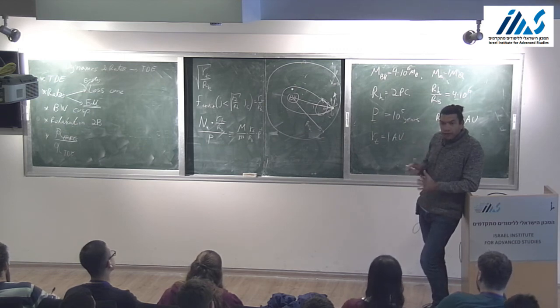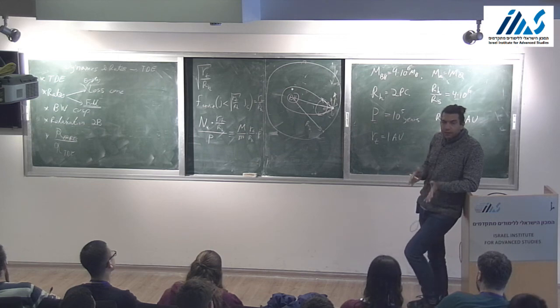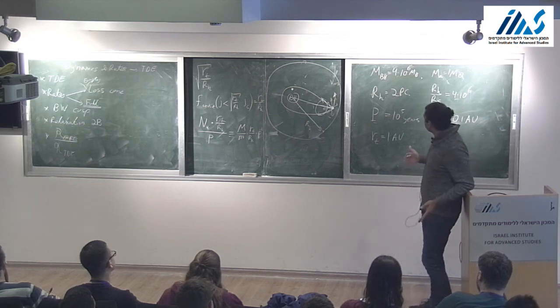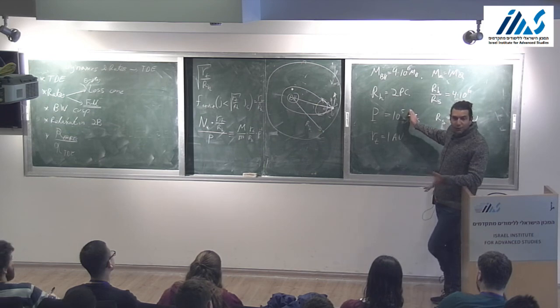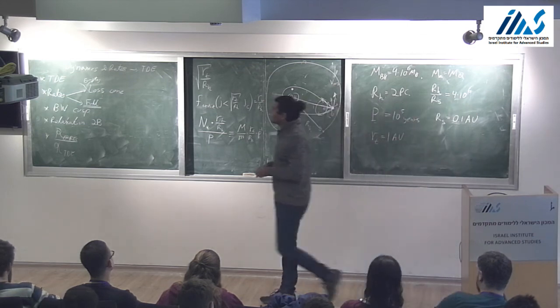Okay? And if there would be no interaction between the stars, they have already been destroyed because the age of the galaxy is much longer than this. And then we'll have an empty loss cone. And then the rate of tidal disruption events will be 0. Nothing more.